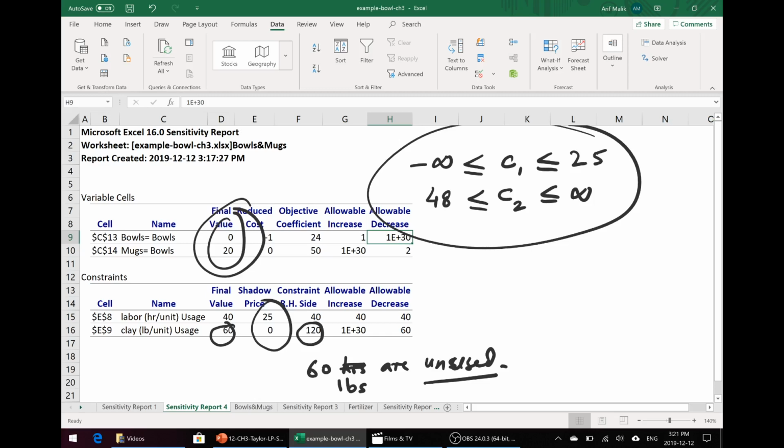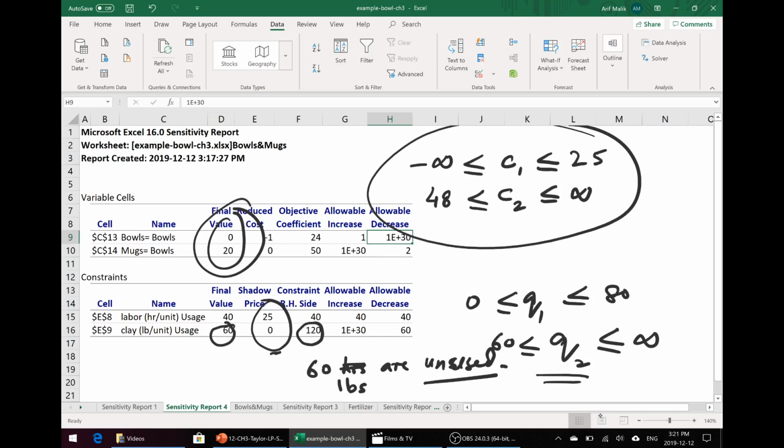now for right hand side quantity 1, the upper range is 40 plus 40, which is 80, and 40 minus 40 is 0, and for Q2 we can increase to infinity and decrease it by 60, to 120 minus 60 is 60. Within this range the shadow price is valid, and this makes sense.